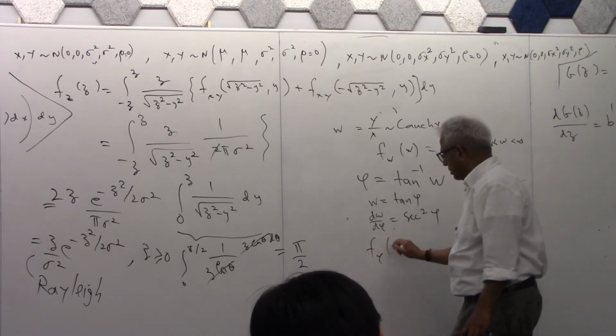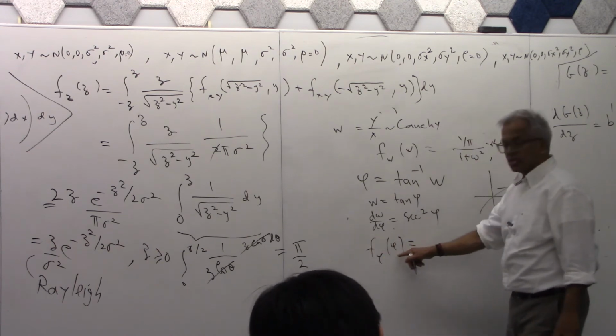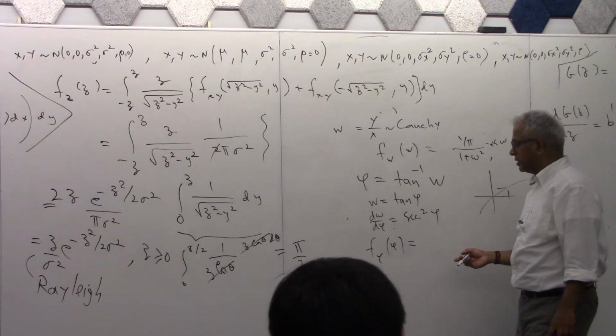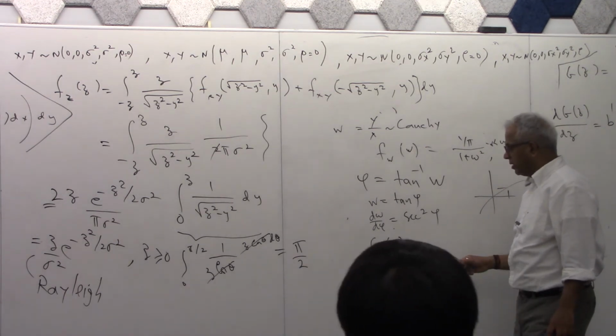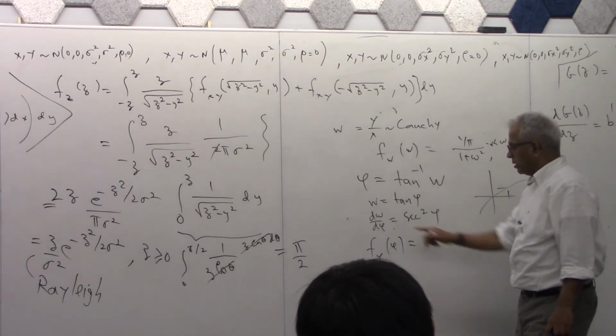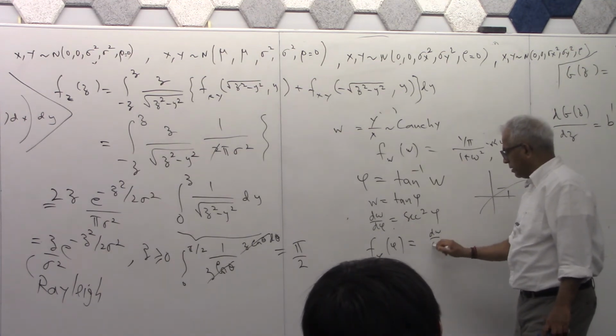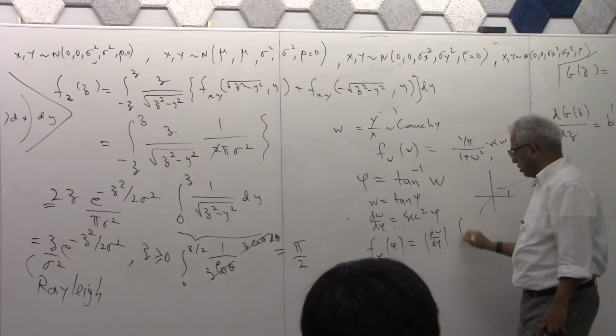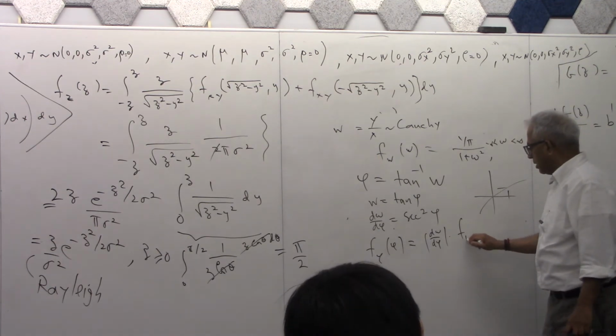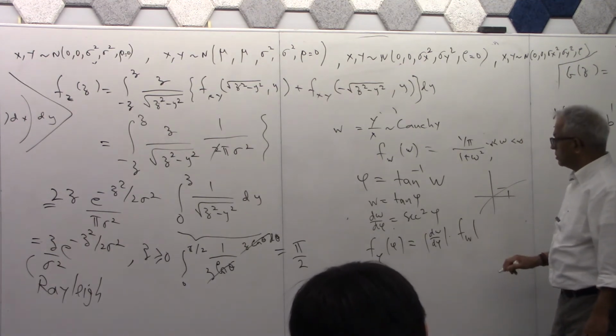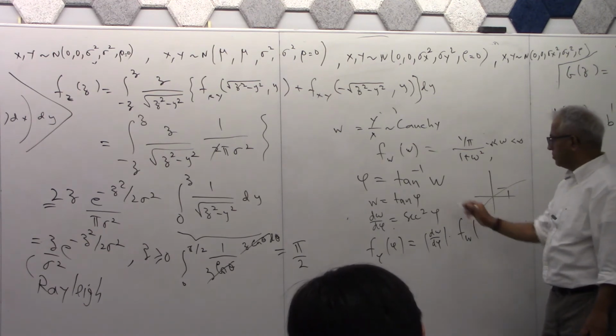So f phi is what? So this is your y, 1 over dy by dx or dx by dy. Dx by dy is this, right? So that's dw by d phi, absolute value. There is only one dw, and w is known. Solve in terms of phi.